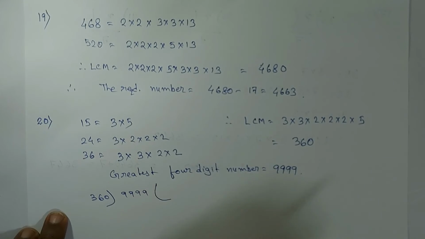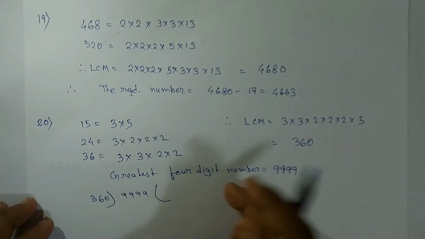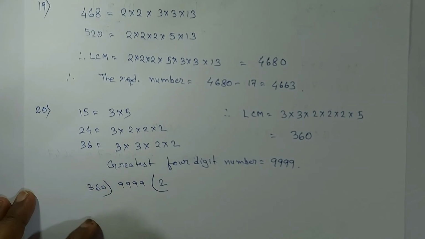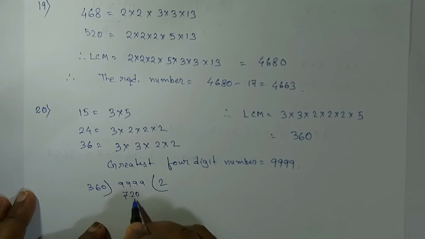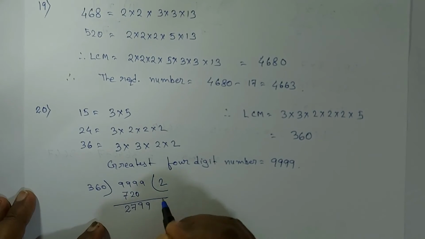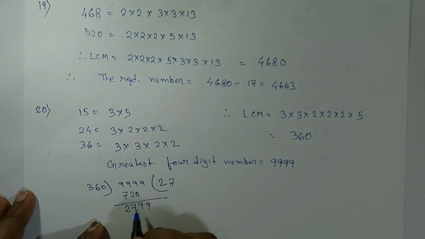So let's divide this. How many times will it be? First 2, so 720, then it is 7 times.